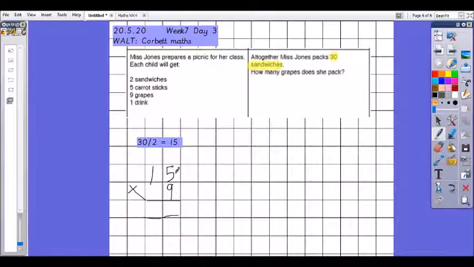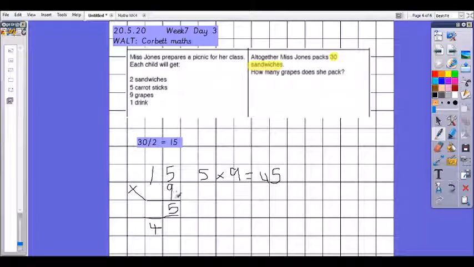First starting with our ones column, 9 times 5, 5 times 9 is 45. Now 45 is too large to put into my column here. This digit can be a maximum of 9, therefore I need to exchange and regroup. My 1s can go in this column, so we've got 5 1s, and then we need to exchange and regroup the 10s into the 10s column here. So I've got 4 10s which need to be exchanged and regrouped.